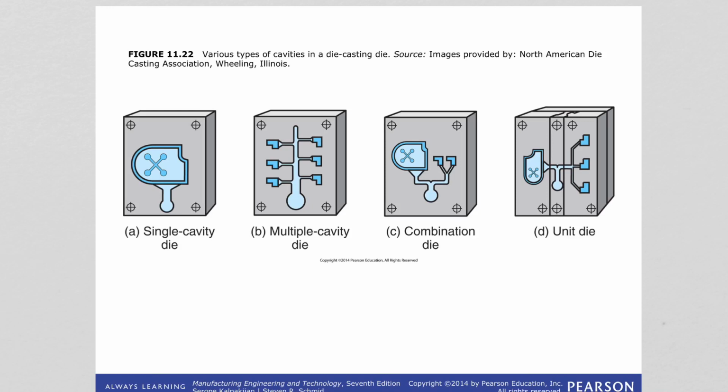To remove the part from the die when it opens up, we need ejector pins to push it. When the pins push it away from the mold surface, it can be removed, but lubricants are also sprayed into the cavity so we can prevent the metal from sticking.